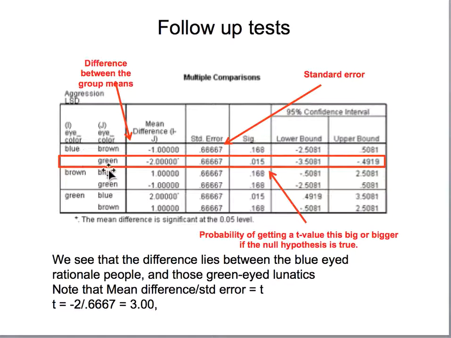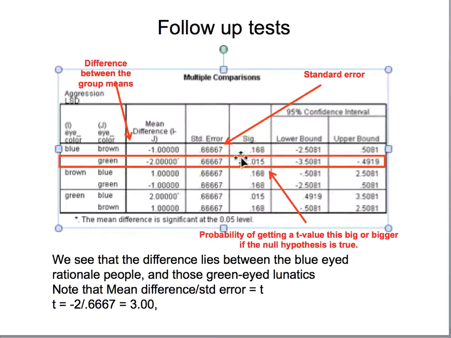And so some of this is redundant because I have blue and green compared here. I have blue and green compared here. The only thing that's different is the negative and positive sign. What I'm looking at here is for my comparisons of blue versus brown, blue versus green, and brown versus blue, do I have a p-value for any one of those groups that's less than 0.05?